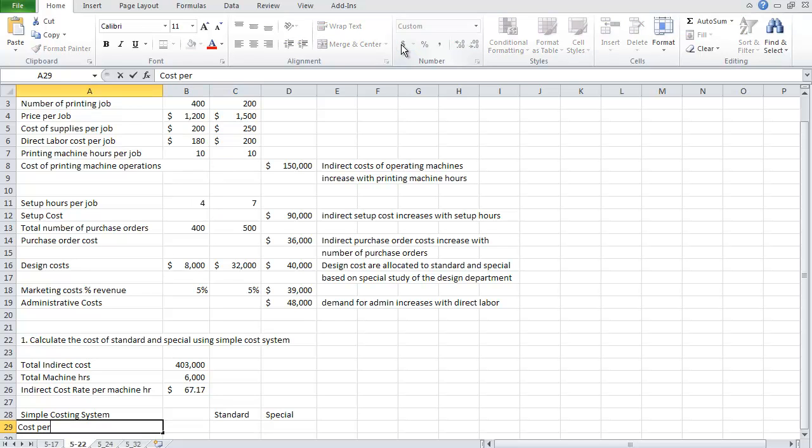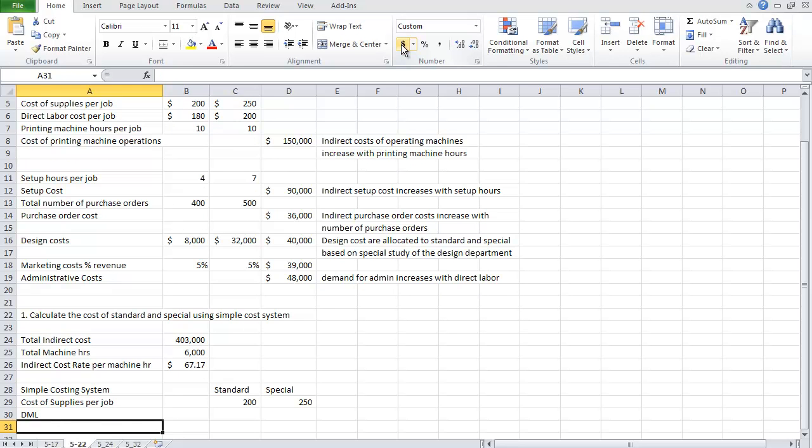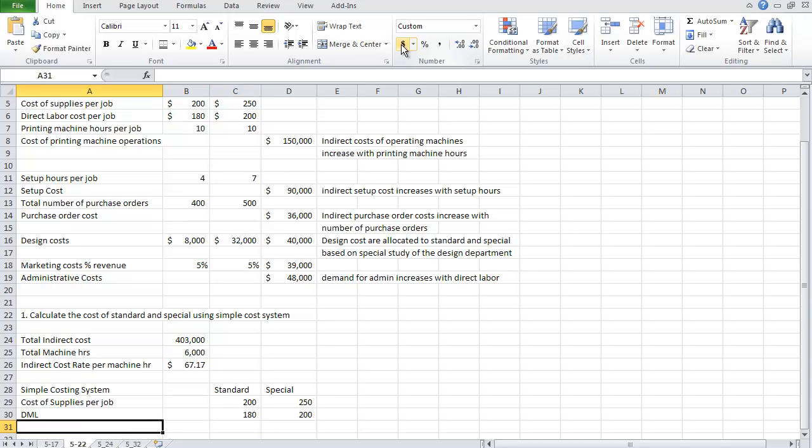The cost of supplies per job, we're told that that is $200 for a standard, and the author tells us it's $250 for a special. Now we need direct manufacturing labor per job, and we're told again that the labor is 180 for a standard and the labor is 200 for a special.